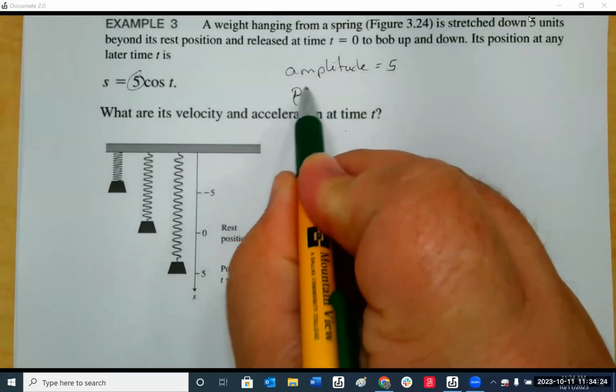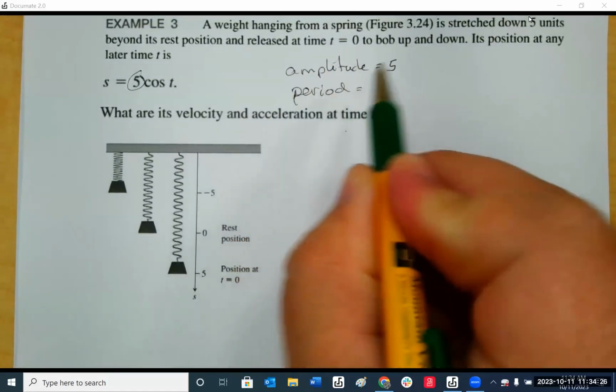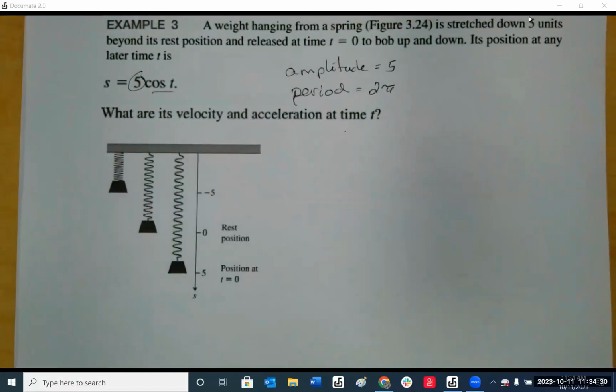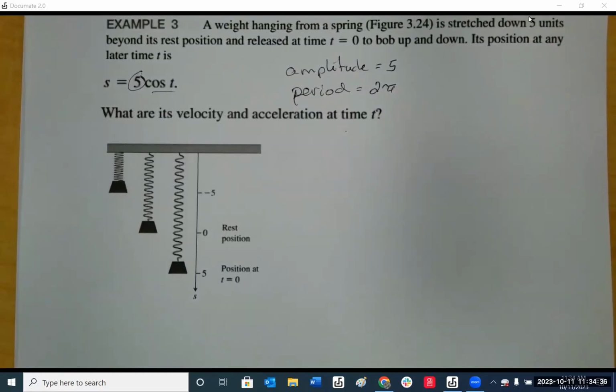What's the period? Because it's a cosine function, it's 2 pi. In other words, this thing is going to keep on bobbing up and down, plus or minus 5. What are its velocity and acceleration at any time t?